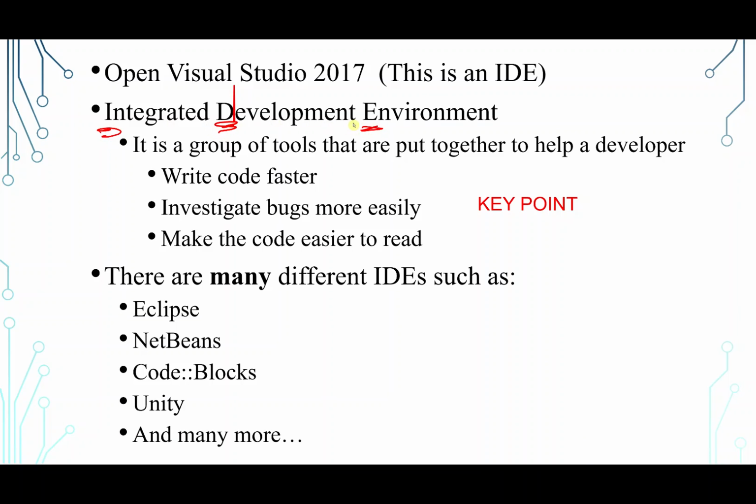It's a group of tools that are put together to help a developer write code faster, investigate bugs more easily, and make the code easier to read. There are many different IDEs like Eclipse, NetBeans, Codeblocks, Unity, and many others. But for this course, we are going to use Visual Studio. And as I said, you can use 2017 or 2019.